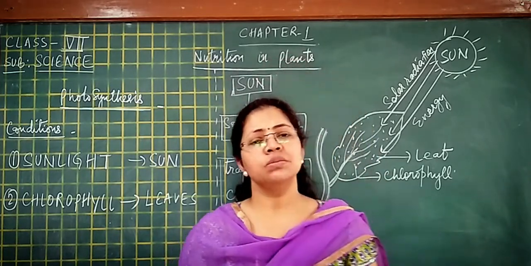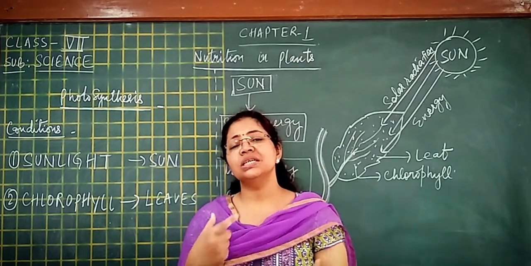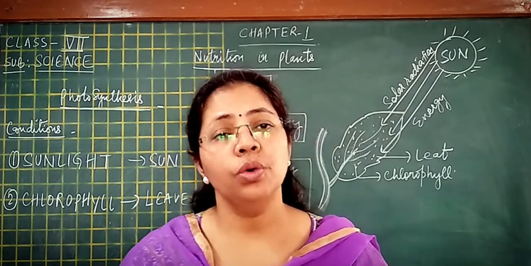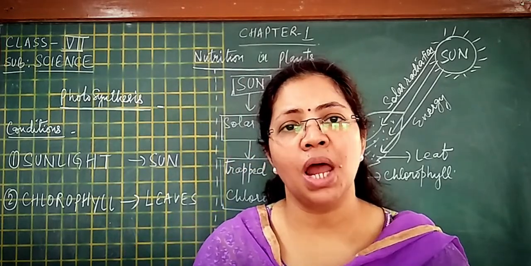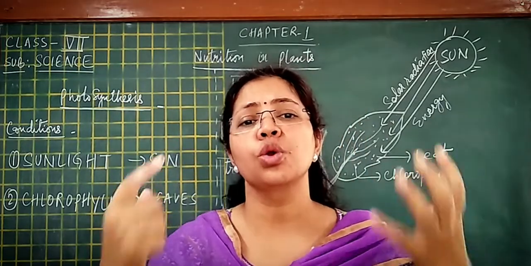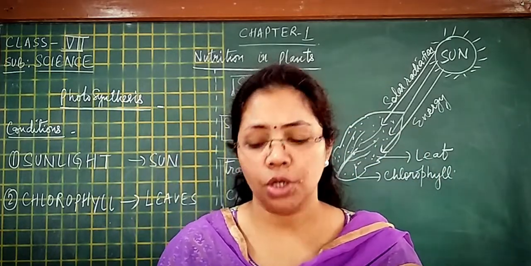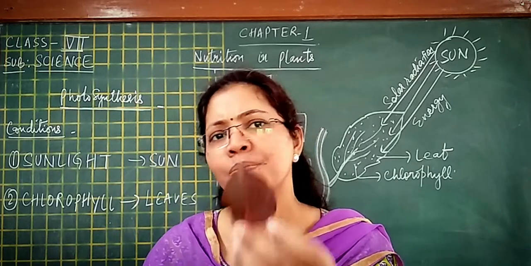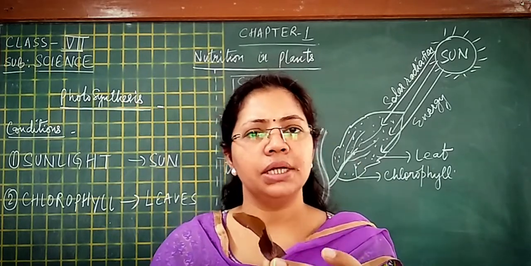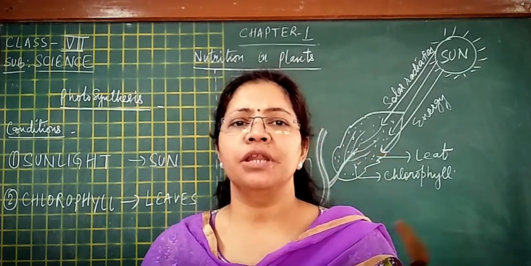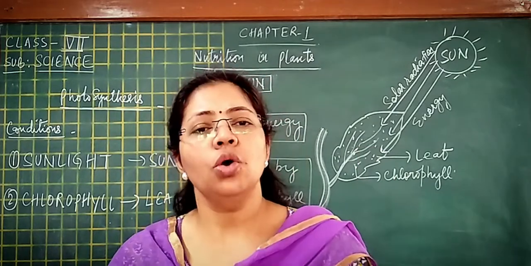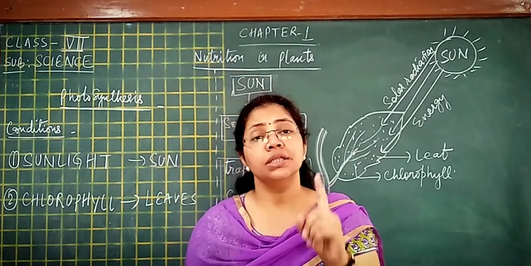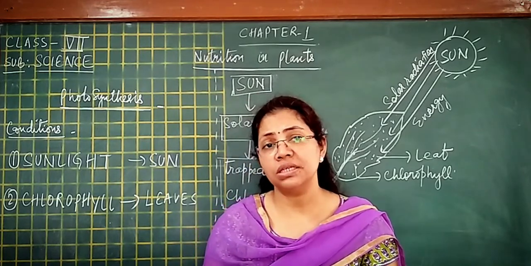But the question comes, if they are not containing chlorophyll, then how is their own parent plant able to grow and flourish? Because I have plucked this brown color leaf from a plant itself, and that plant is well flourishing. So it means that the leaves which don't appear green also perform photosynthesis.